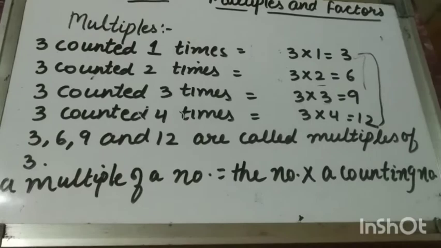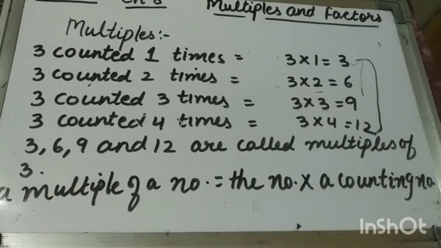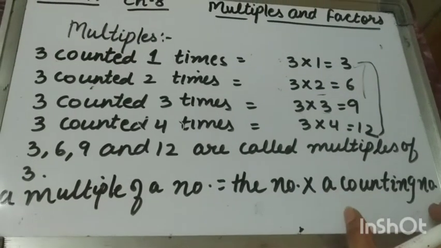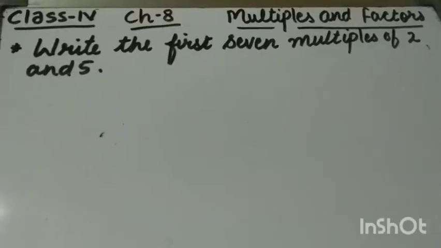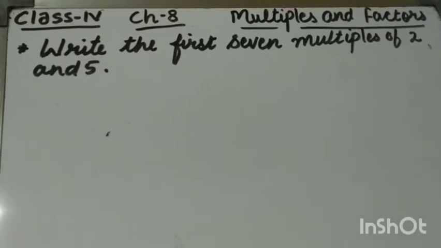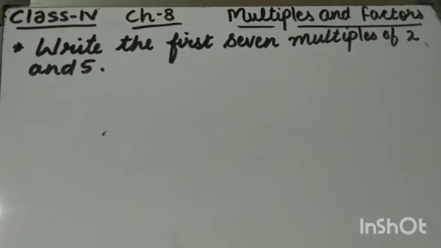Okay. So how do we find the multiple of a number? We multiply the number by a counting number. Suppose we have to write the first 7 multiples of 2 and 5.